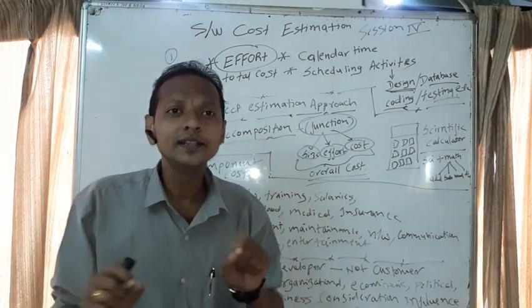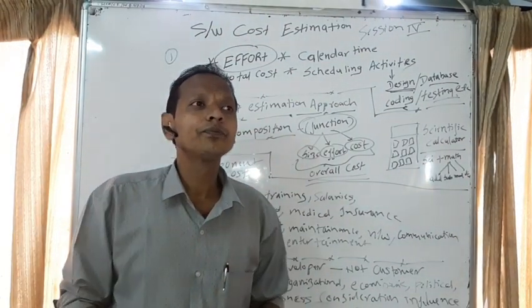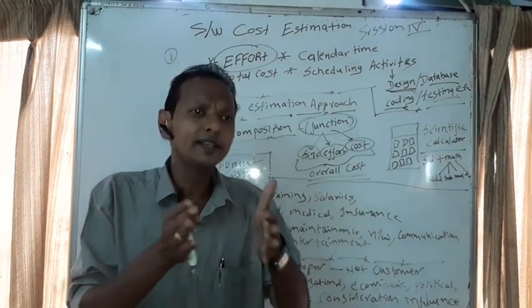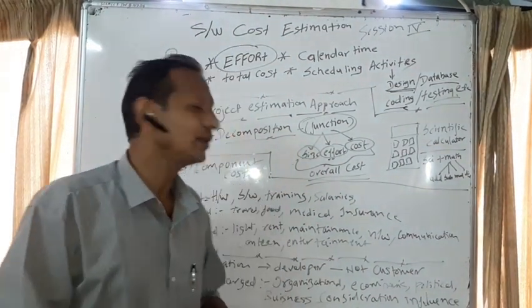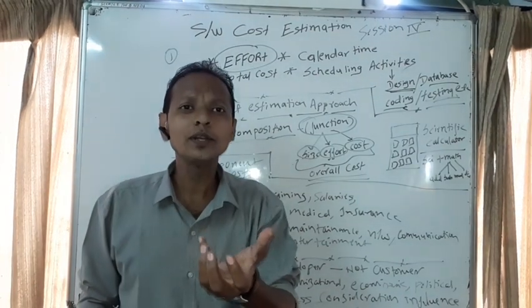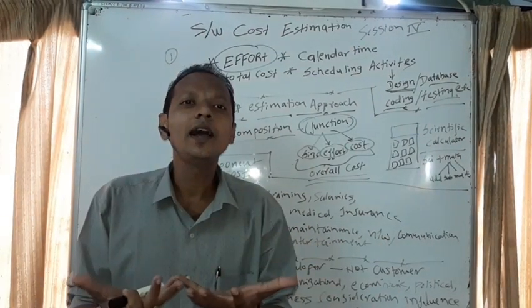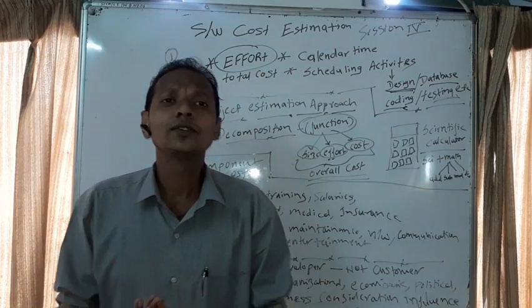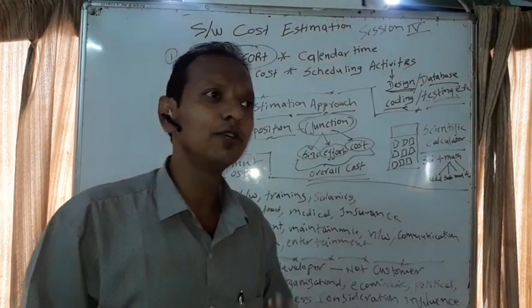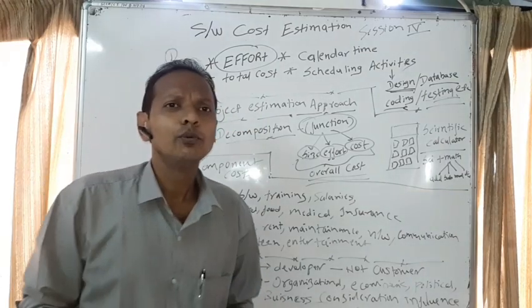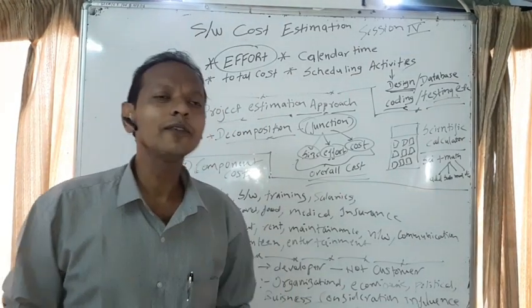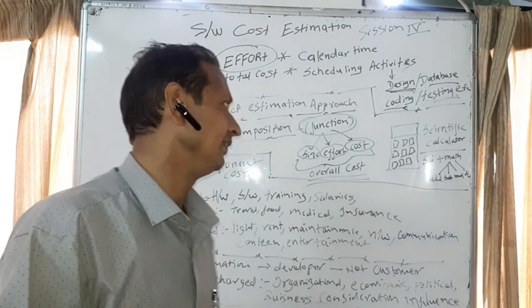These would be the smaller tasks, and when we calculate the effort, size, and cost for each task, it would show a simpler, smaller amount. But when we add the costs of all the tasks, it gives us a final estimated cost. This is one of the approaches followed in software cost estimation.